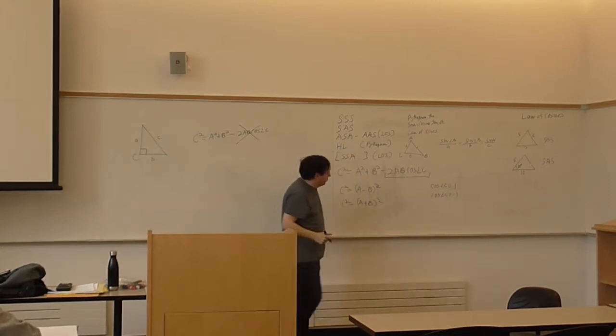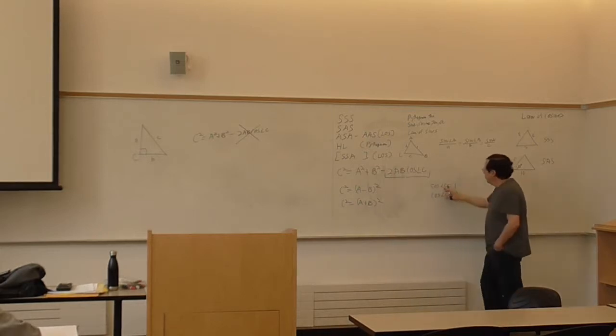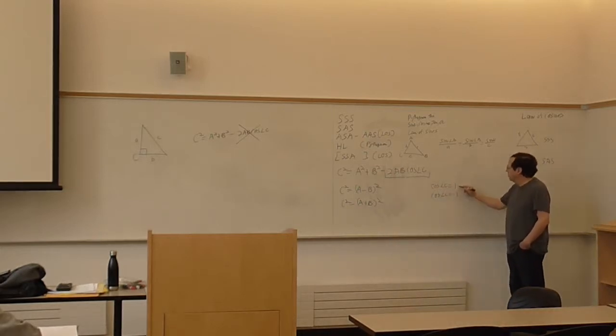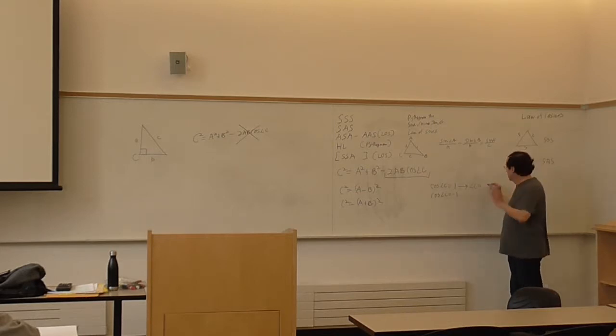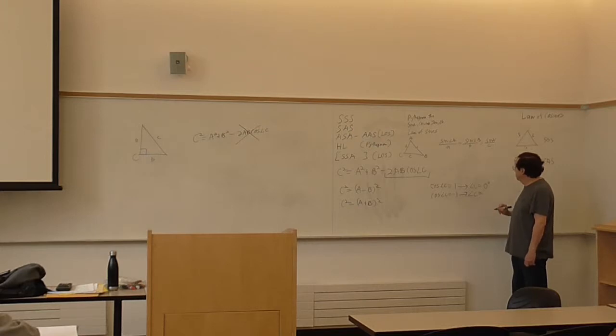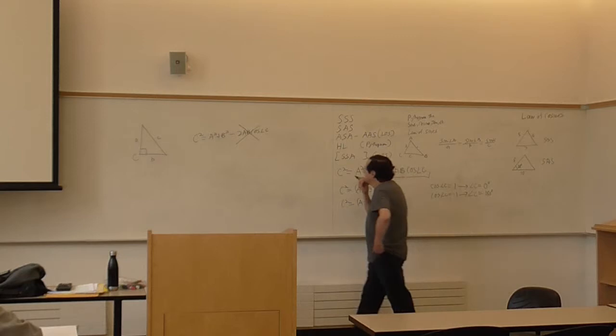Let's think about what that means. Where is the cosine 1? What angle would have the cosine 1? 0. Okay. How about the cosine minus 1? 180. All right. Well, let's think about that.